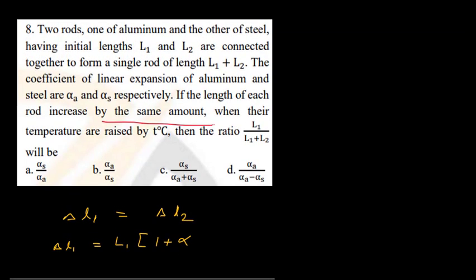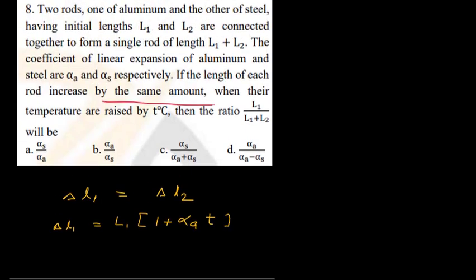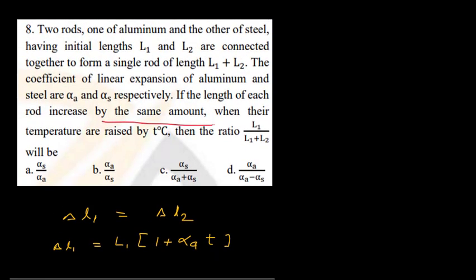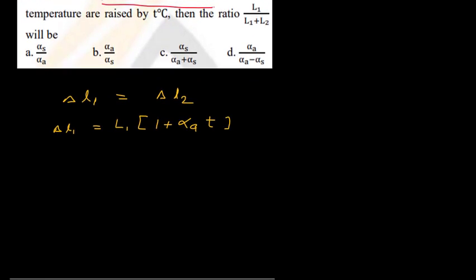Now, delta L1 is equal to L1 into 1 plus alpha A into T, since the temperature is increased by T degrees Celsius. This is the value of delta L1.